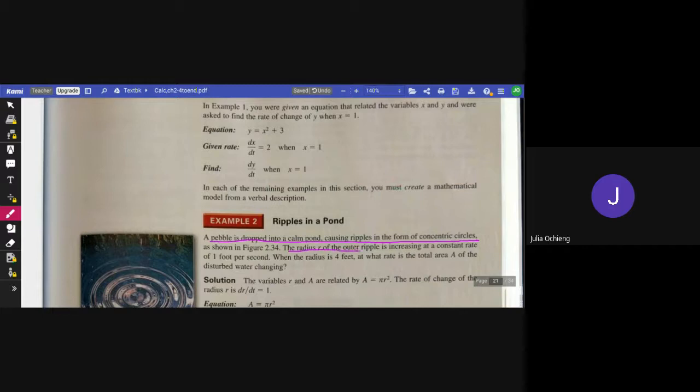The radius r of the outer ripple is increasing at a constant rate of 1 foot per second. All right, so that's dr over dt right there. So I'm just going to write that down as information for example 2. The change in radius over change in time is equal to 1 foot per second.